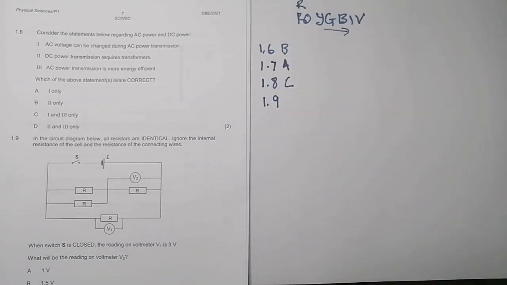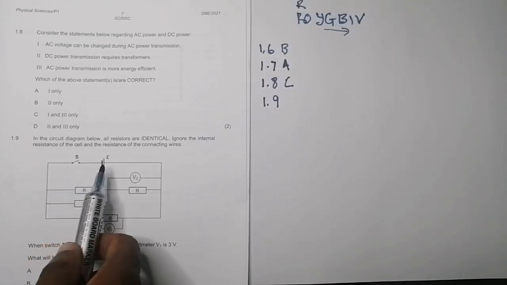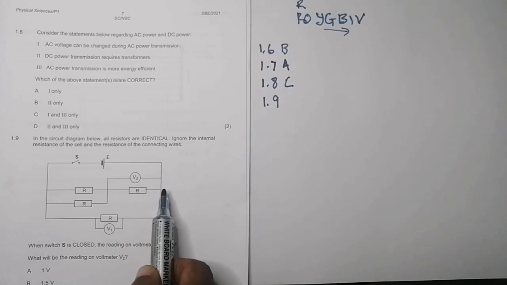They say in the circuit diagram below, all resistors are identical. Ignore the internal resistance of the cell and the resistance of the connecting wires. They say when switch S is closed, we know that there's going to be current moving.